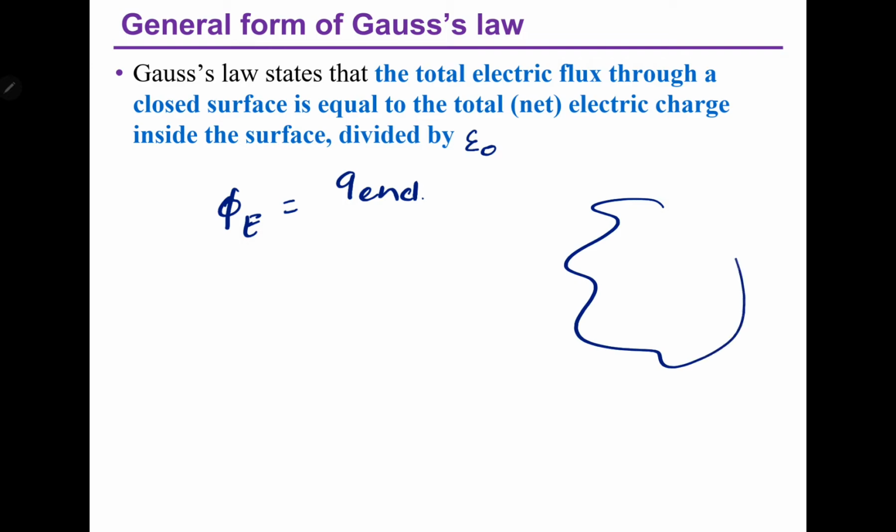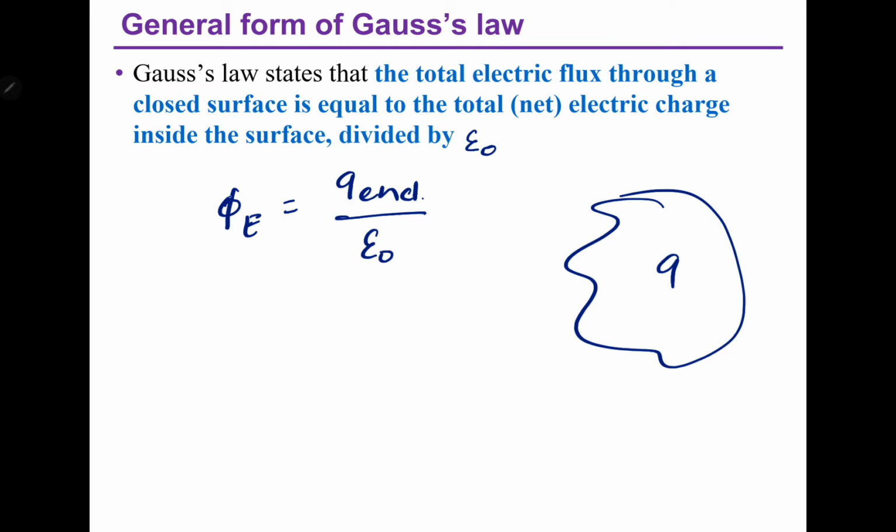For example, this is the surface, and what is the charge inside? If charge is not there, what will be the electric flux? That will be 0, right, divided by epsilon naught. So this is a quite simple and very important rule, because from there you can calculate the electric field strength. Okay, so this is Gauss law.